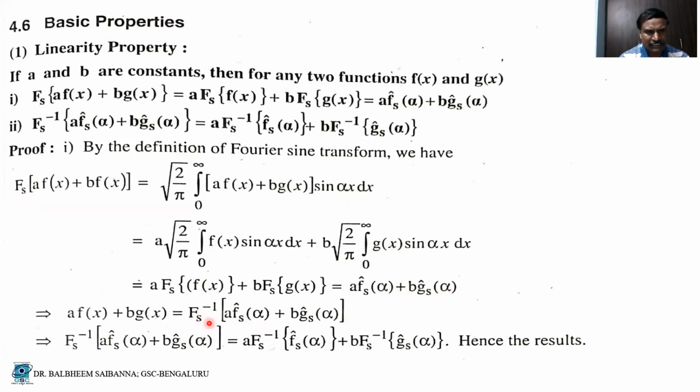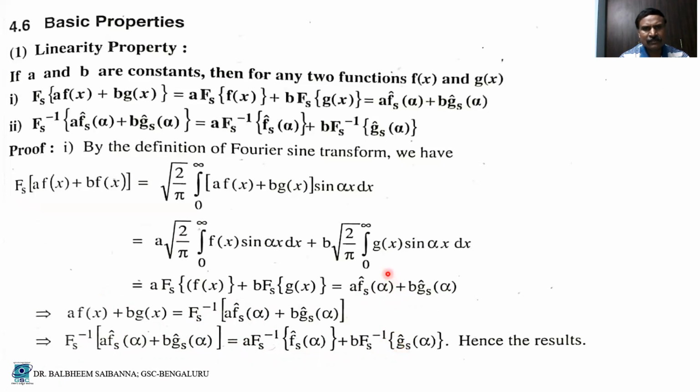Again we write here the same in the left hand side, Fs inverse of a Fs cap alpha plus b Gs cap alpha equals, then a as it is, this Fs inverse is multiplied by Fs cap alpha, and again this Fs inverse is multiplied by the second term, we get plus b times Fs inverse of Gs cap alpha.